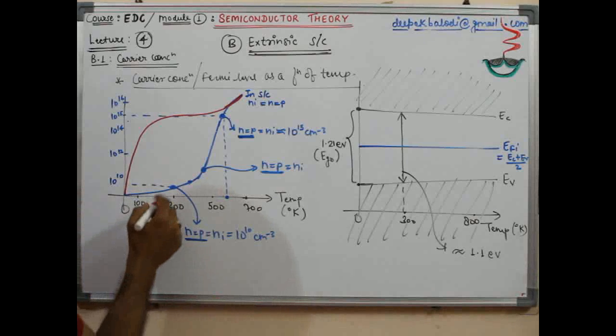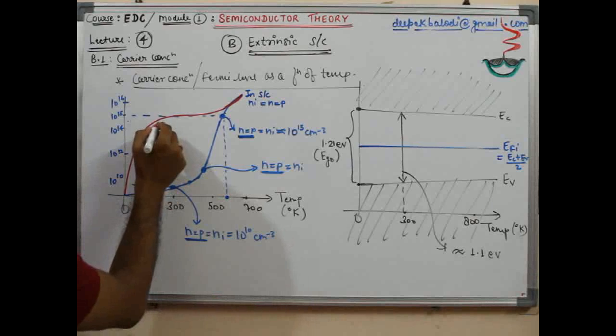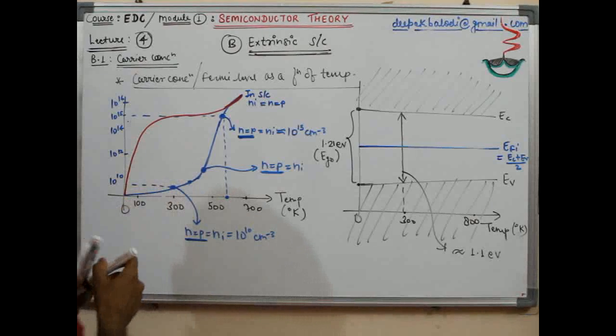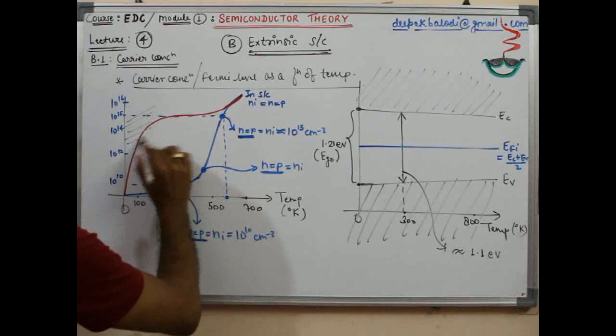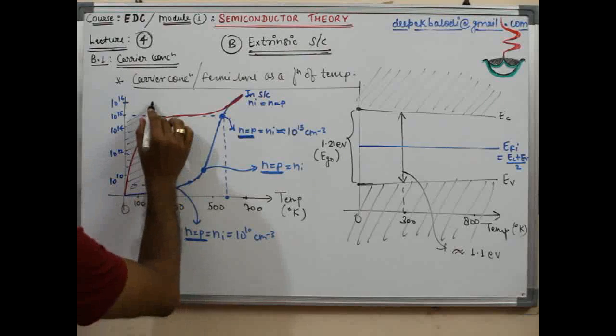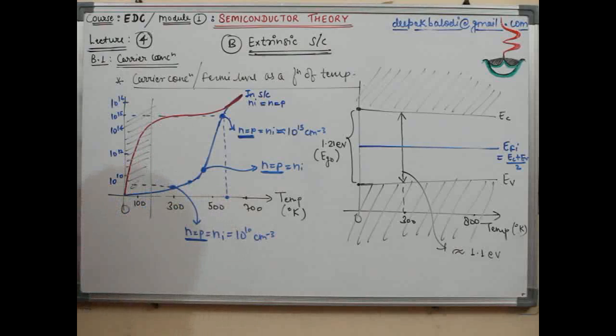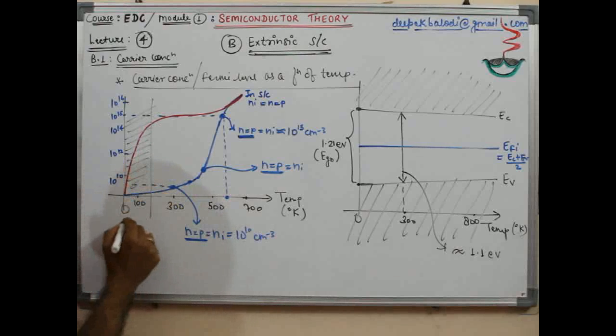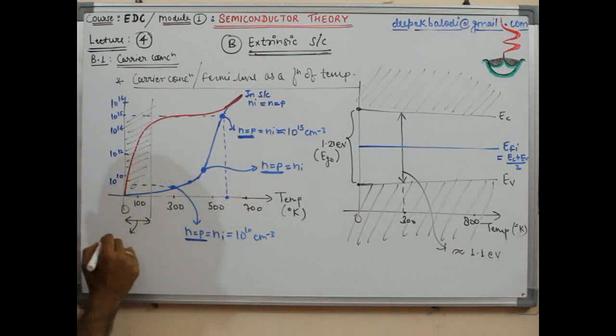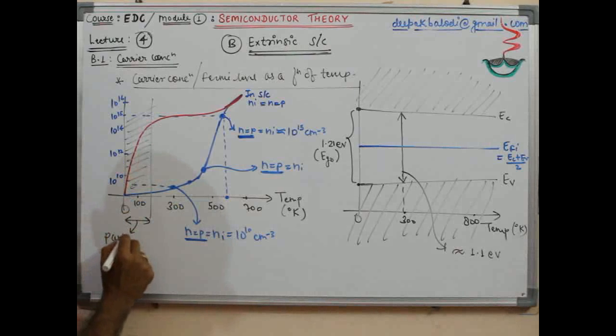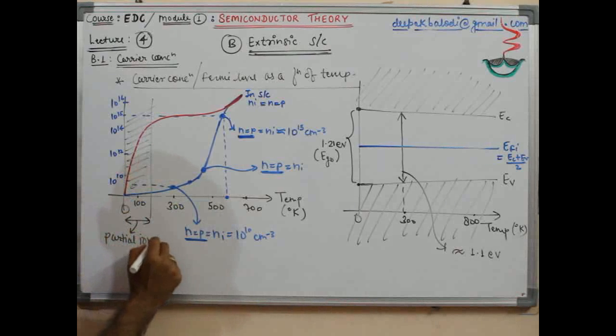You can see that until we come roughly close to somewhere here, this is the area of partial ionization.